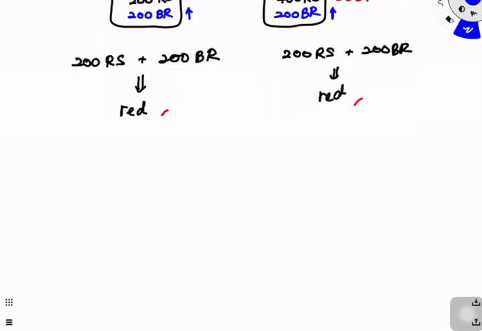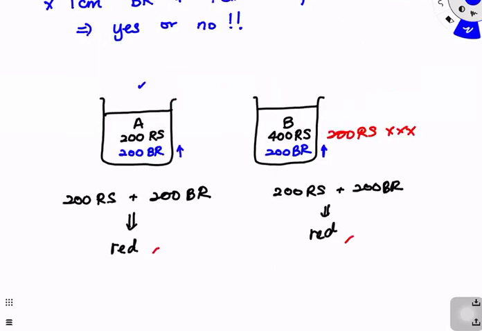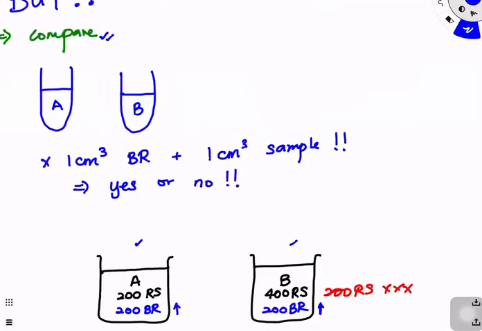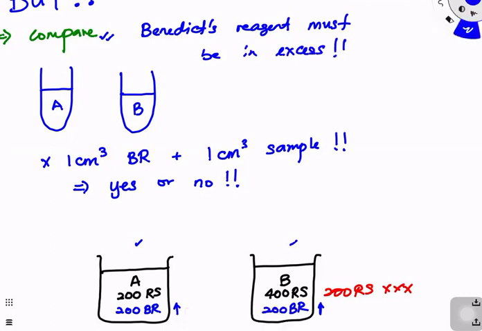If you want to compare, as long as the element of comparison is involved, then the Benedict reagent must be in excess. It means you need to use more. Are you clear? You have to make sure that the Benedict reagent is in excess.